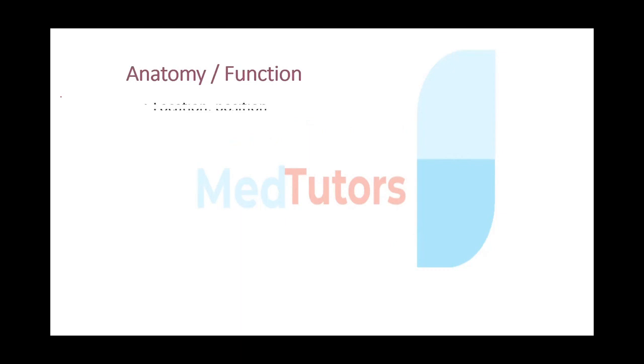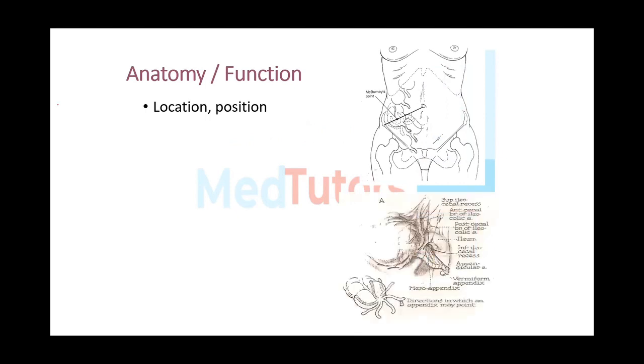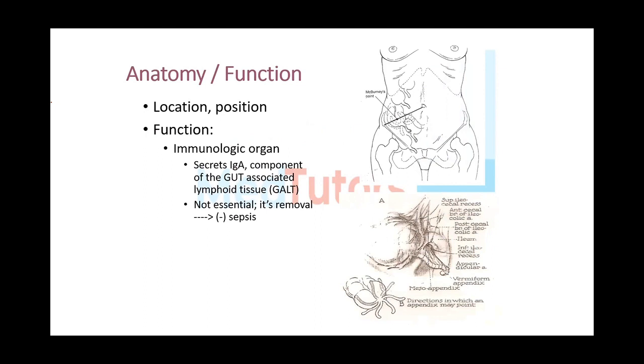And the relevant anatomy, you know, the appendix is located in the right iliac fossa. The base of the appendix is attached to the cecum. And of course, there are various positions of the appendix.